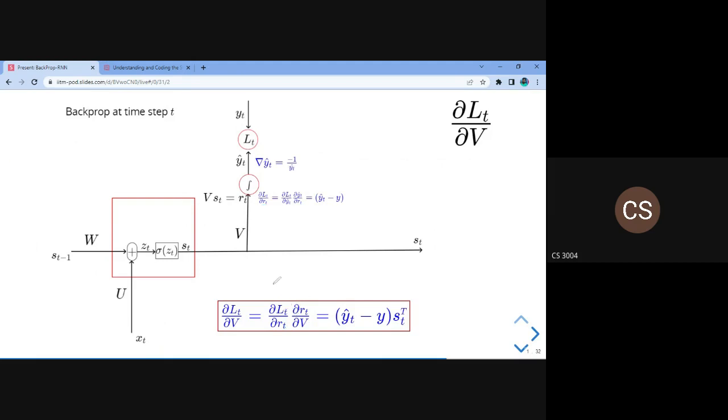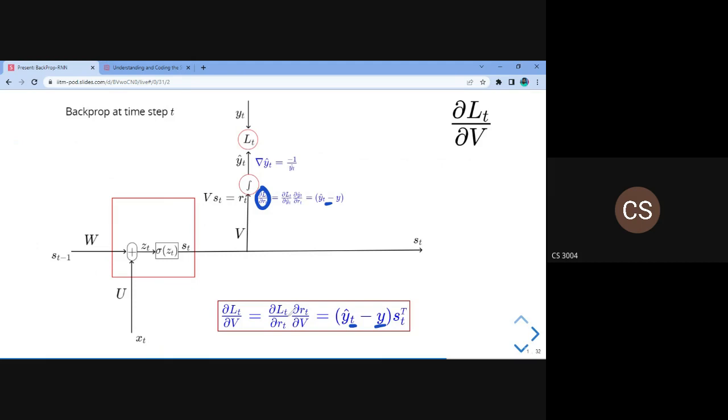I have computed this dou LT by dou RT, which is y hat minus y. Here y hat is just the prediction at time step T, so you don't need to focus on the symbol T at all.